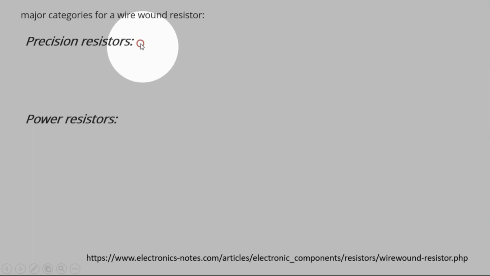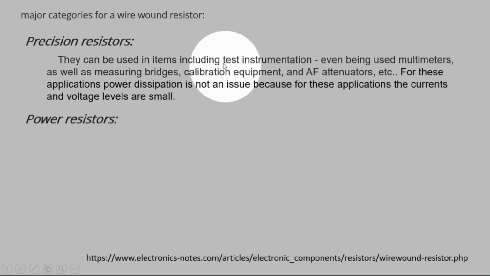Now, the major categories of Wirewound resistor are two. The precision resistors are all about testing instruments. For example, multimeters and measuring bridges, calibration equipment, AF attenuators, and many others.